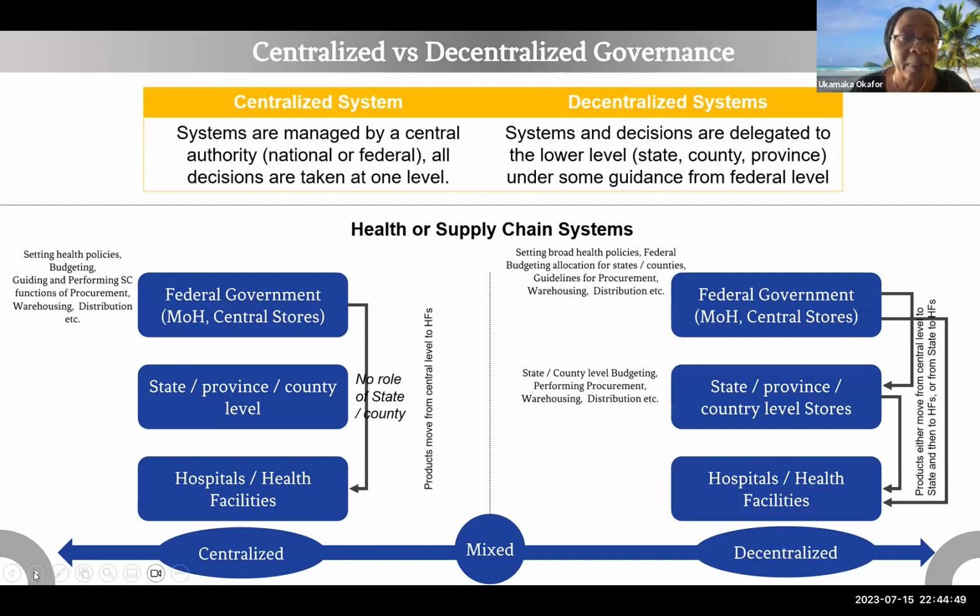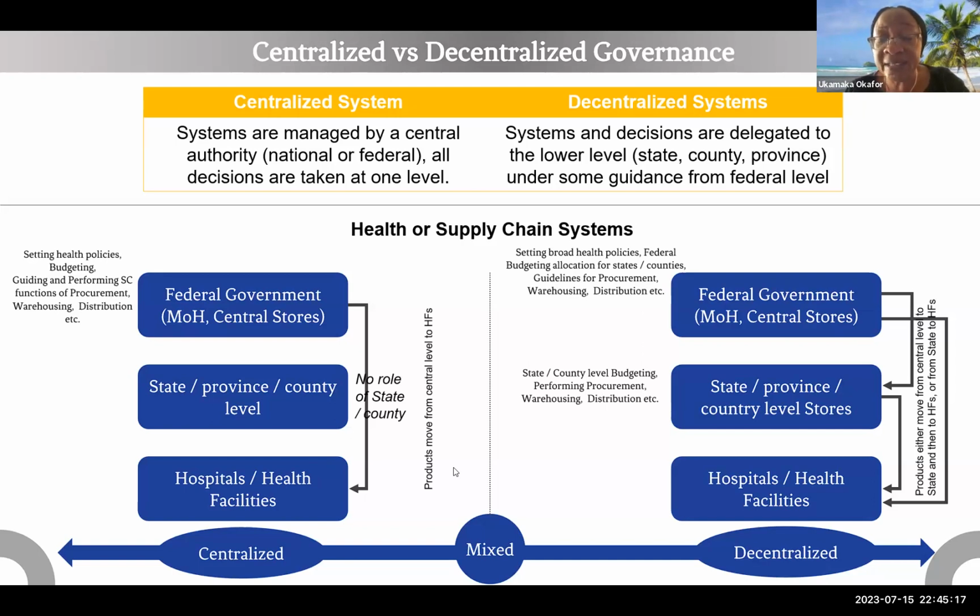They take the decisions at the Ministry of Health and at the central medical stores, and pass them down to the states, provinces, counties or hospitals. So everything is done centrally in some countries, and in those countries you say that they have a centralized governance of health supply chain.